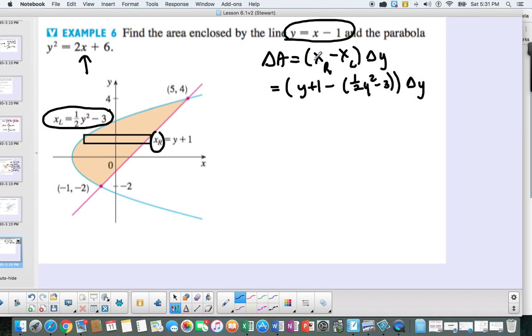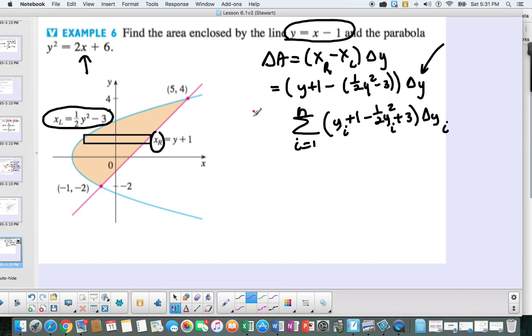Now, why are we doing this? The reason is that everything has to be in terms of the variable of integration, which is y. So once we figure out it's delta y, the integrand must be in terms of y as well. Okay, so our area will be the summation from i equal to 1 to n of y sub i plus 1 minus 1/2 y sub i quantity squared plus 3, times delta y sub i.